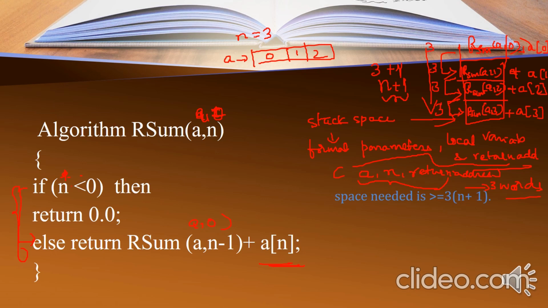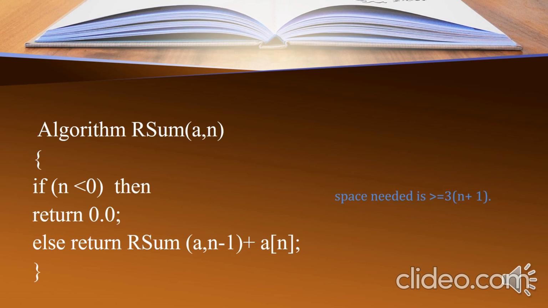That is 3 into n plus 1 times. 3 into 4 times, n plus 1 times. So that's why the space needed is greater than or equal to 3 into n plus 1. So this is about the space complexity.